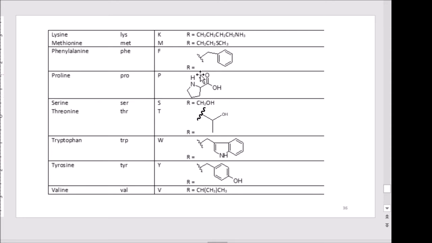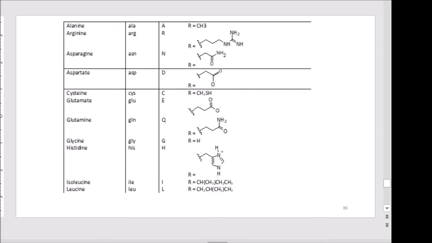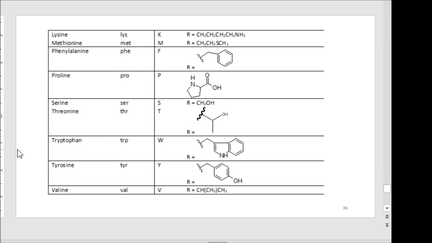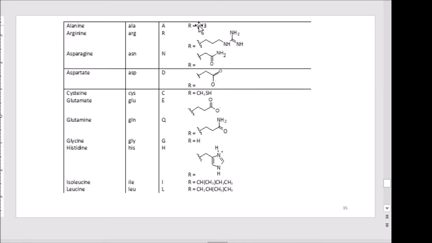That's fine. The only one that's really kind of difficult here is proline. You'll notice here's my alpha amine, my alpha carbon, and it wraps around and makes a ring. All the rest of these, it's just hanging off. Our simplest case is glycine, where R is just a hydrogen.